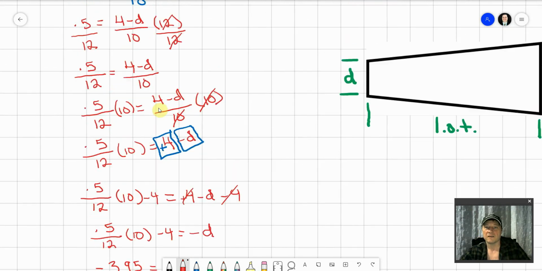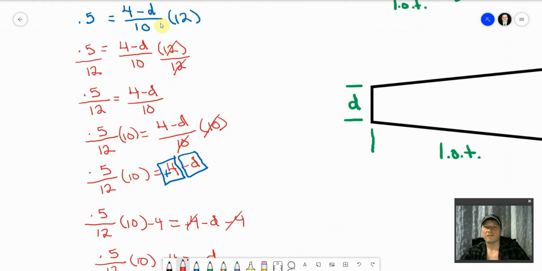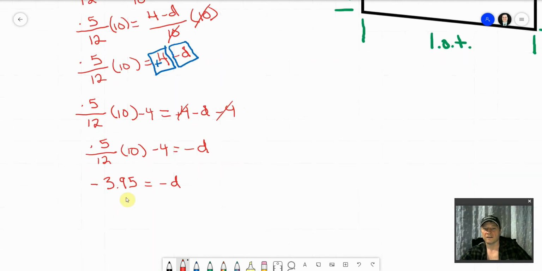Same up here, right? I took this 12 and want to move it over here. As soon as I multiply by 12 and put it over here, it becomes a divide by 12. That's all we're doing. I take this divide by 10 and move it over here, and it becomes a times 10 because it does its opposite. So we get all the way down here: I have a minus 3.95 equals minus d.